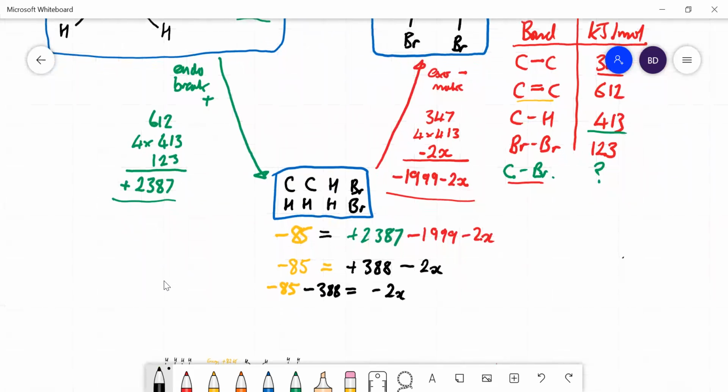So we get minus 473 is equal to minus 2x. So 473 is equal to 2x. X is equal to 473 over 2.